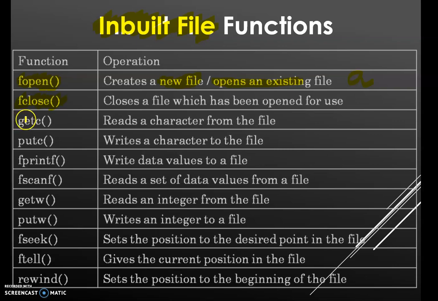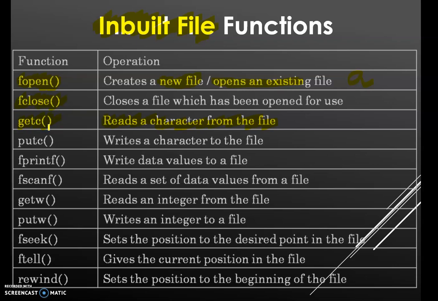The next is getc. If you remember, in the last program we used this function getc. getc is basically used to read a character from the file. In the previous program, we read the content from the text file and printed it on the console. So to read a character from the file, we use getc.